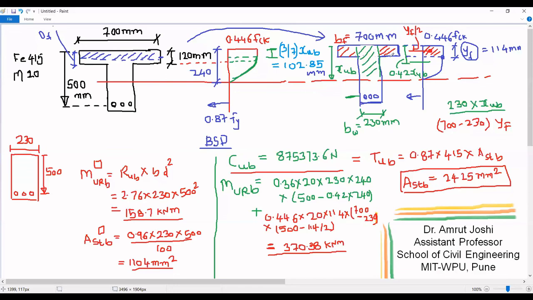Then we derived its moment of resistance. Moment of resistance of T section designed as a balanced section turned out multifold times moment of resistance of rectangular section with same effective depth.